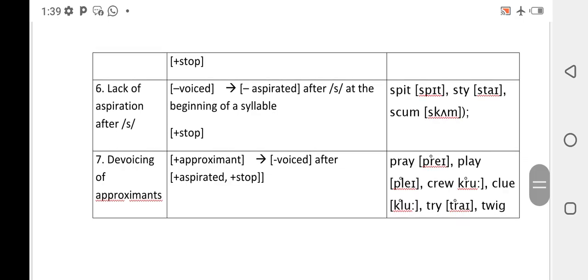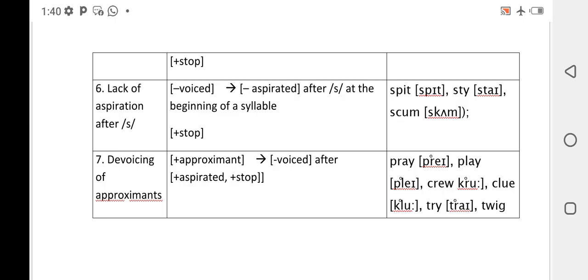Now we are looking at lack of aspiration after s. That is unaspiration. Remember that we discussed aspiration and unaspiration. When we have s coming before the voiceless plosive, we have minus voice, that is, it is voiceless, and plus stop.